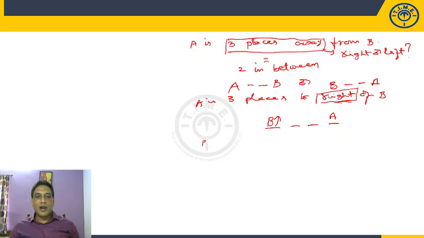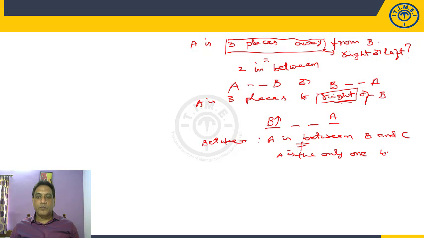Now, let us discuss the term between. If the statement says A is between B and C, this statement does not mean that A is the only one between B and C. It may or may not be.